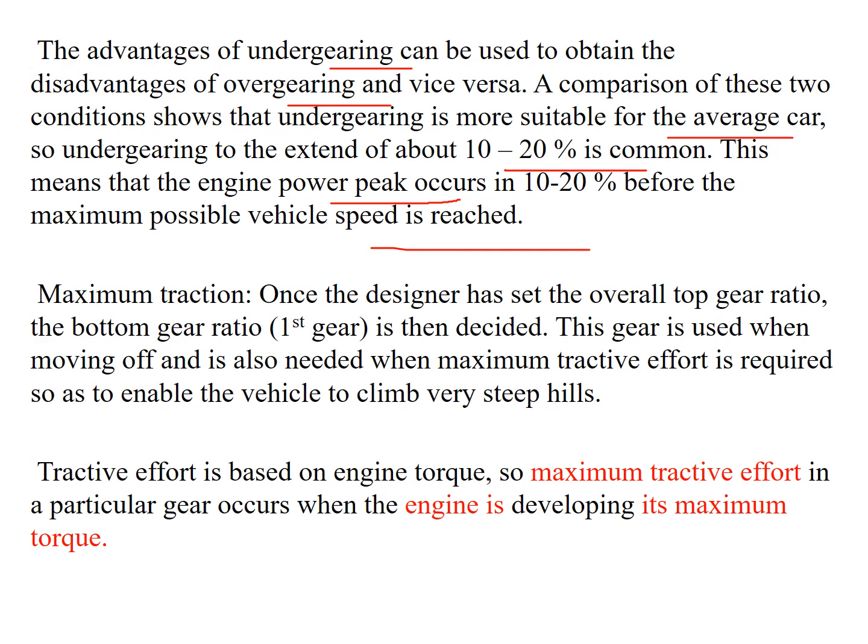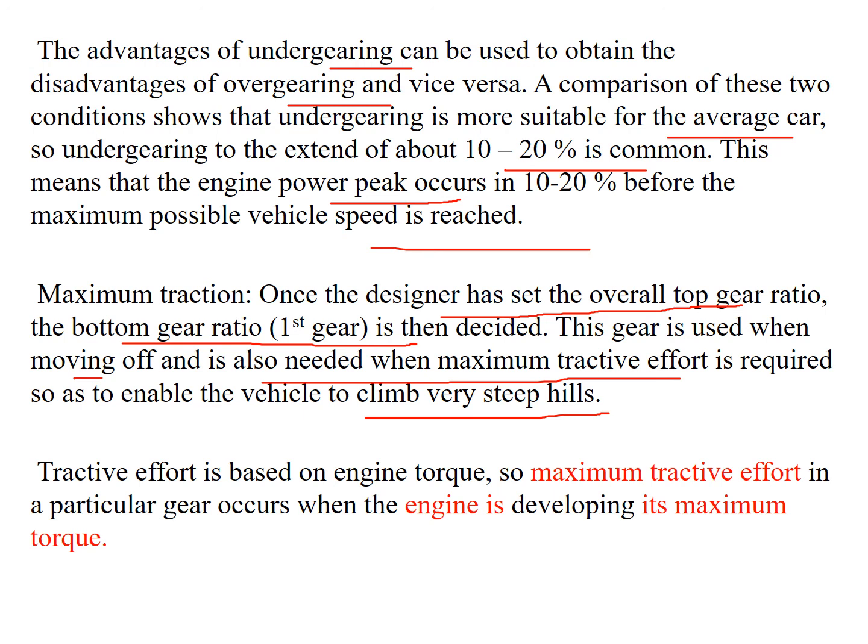For maximum traction, once the designer has set the overall top speed ratio, they will decide the first gear ratio. This gear is used when moving off and is needed when maximum tractive effort is required, so as to enable the vehicle to climb very steep hills.